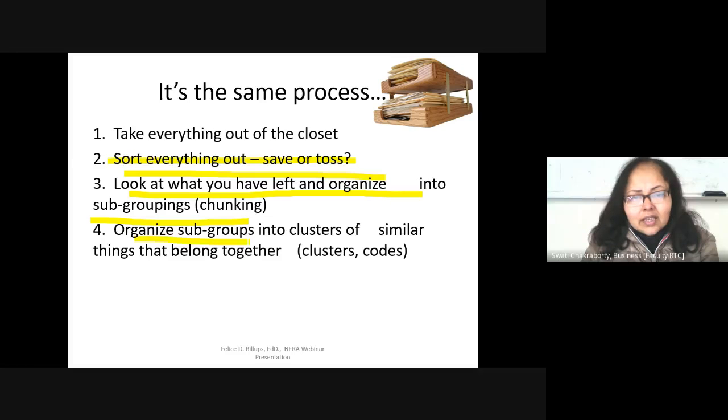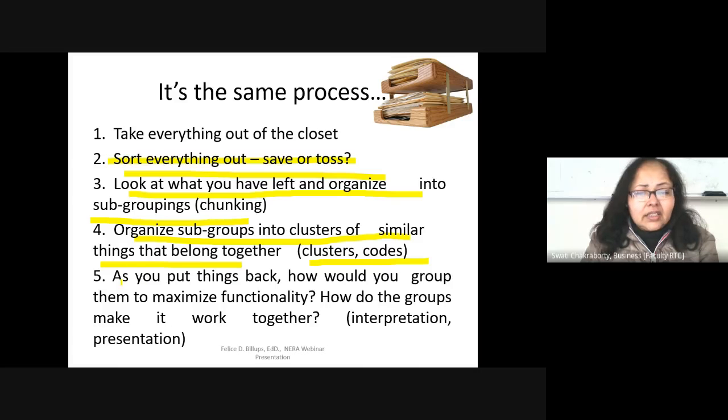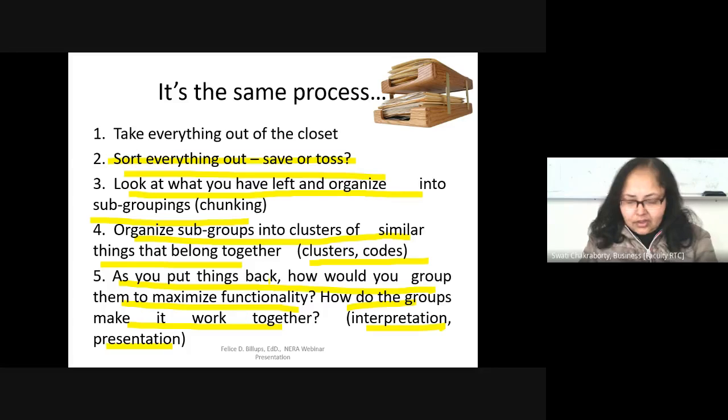Then organize these subgroups into clusters of similar things that belong together. These are called clusters or codes. And then, as you put your things back, how would you group them to maximize the functionality? How do the groups work together? That's where we talk of interpretation and presentation. This is the process.